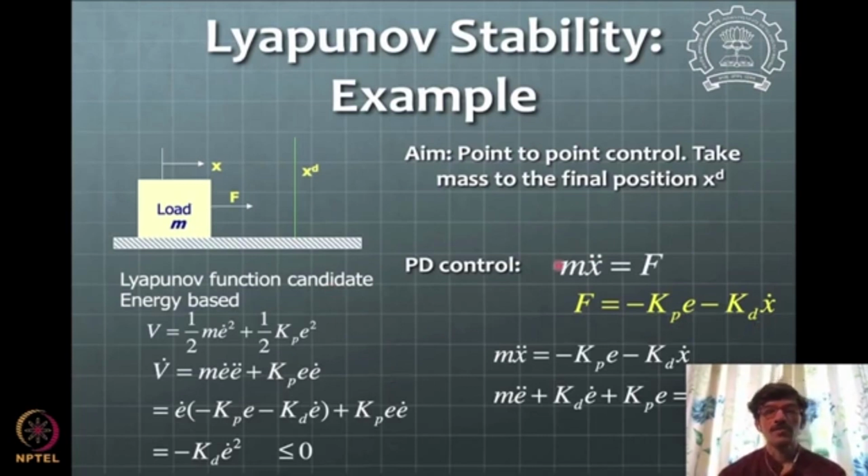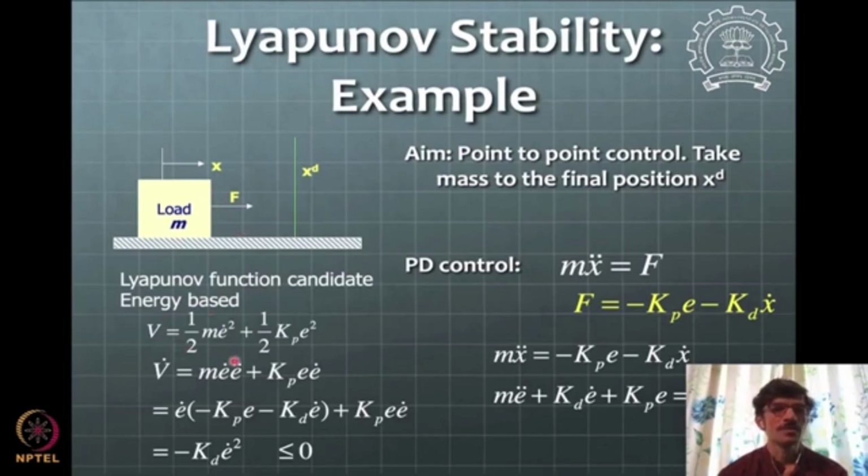Now for such a system, we define a Lyapunov function candidate. Typically for mechanical systems we resort to the total energy of the system as the Lyapunov function candidate. It is not a must, but many times it works very well. So given a system, you try to see, in terms of the control and the system dynamics, what the total energy of the system is. For example, here half m x dot square will be the energy of this mass, which in terms of the error is half m E dot square.